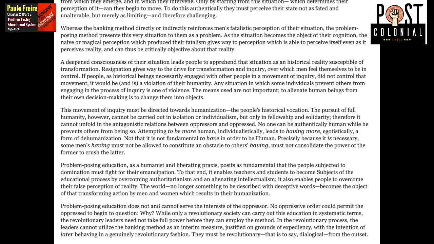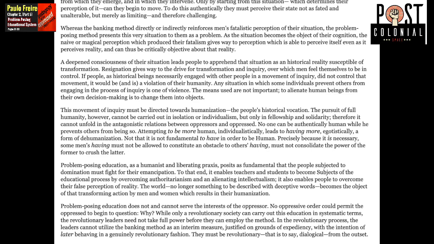The pursuit of full humanity, however, cannot be carried out in isolation or individualism, but only in fellowship and solidarity. Therefore, it cannot unfold in the antagonistic relations between oppressors and oppressed. No one can be authentically human while he prevents others from being so.